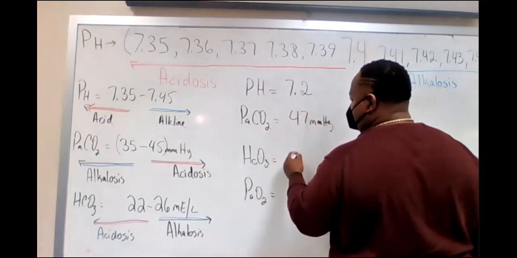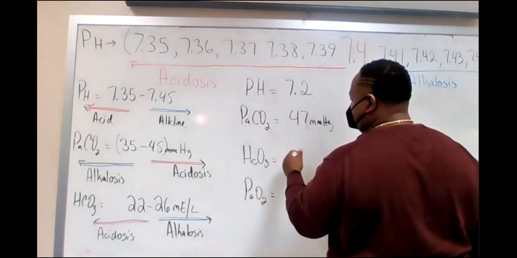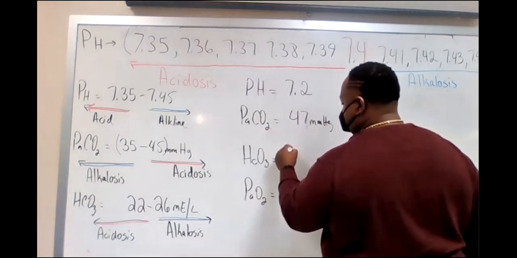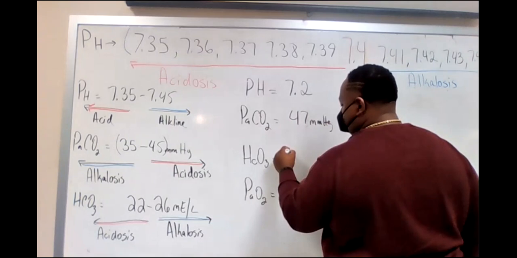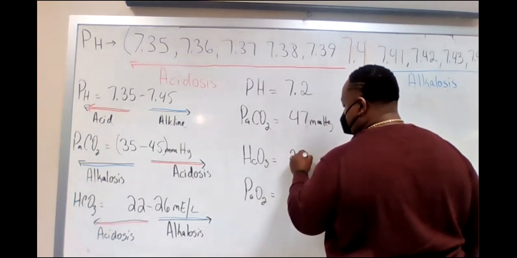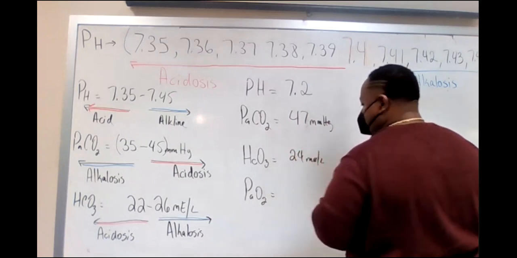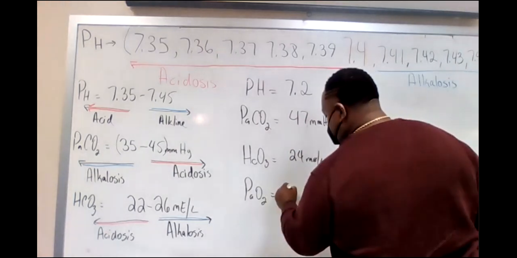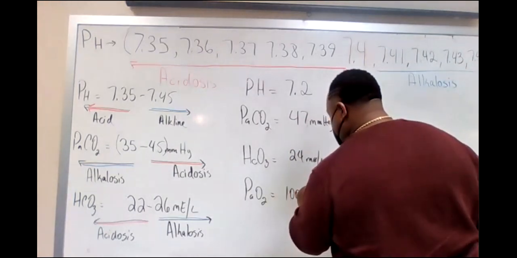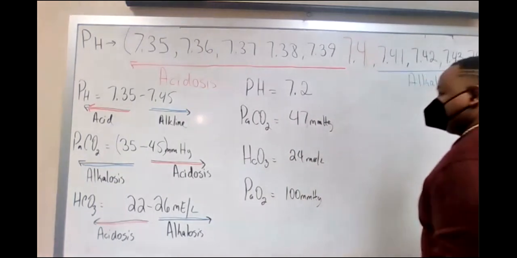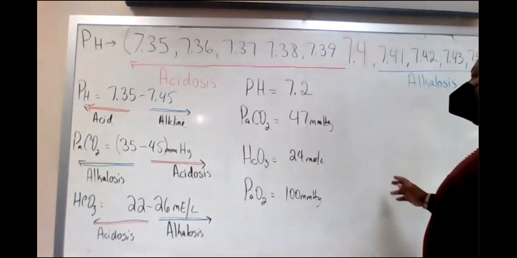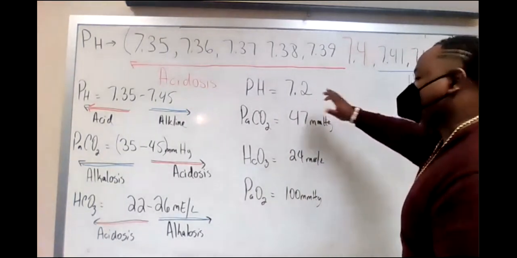A bicarb of 24. And a PaO2 of 100. So first things first, Talicia, what is pH doing?